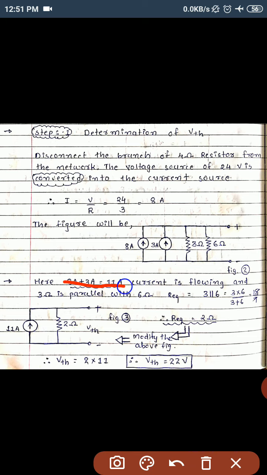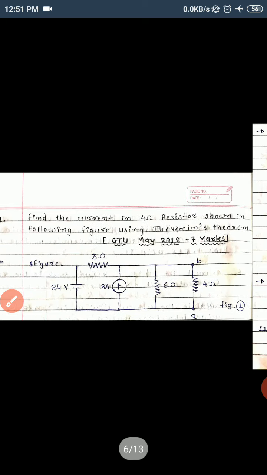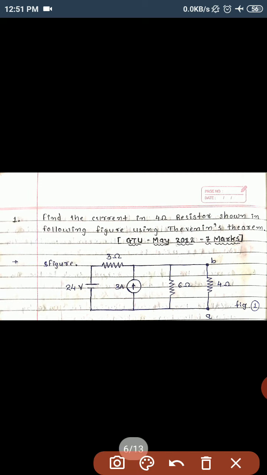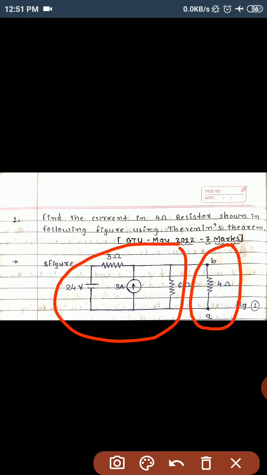So recall our first figure. The network B is our 4 ohm resistor, and this is our network A. We have to remove network B in the first case, and we convert this 24 volt voltage source into a current source.